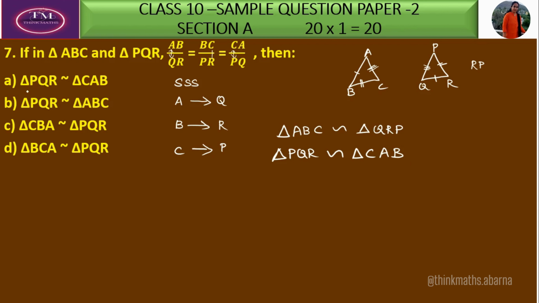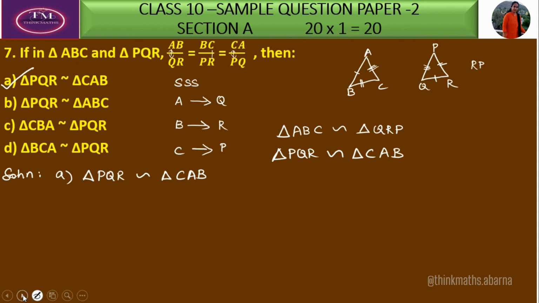So option A is our correct choice. So the solution is A, triangle PQR similar to triangle CAB. Okay children, do you understand?